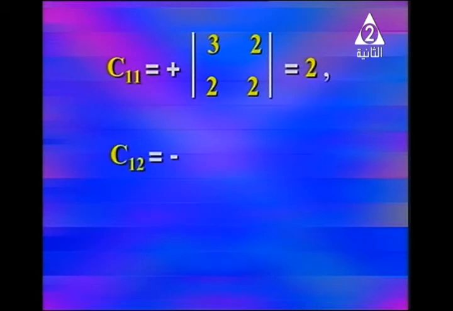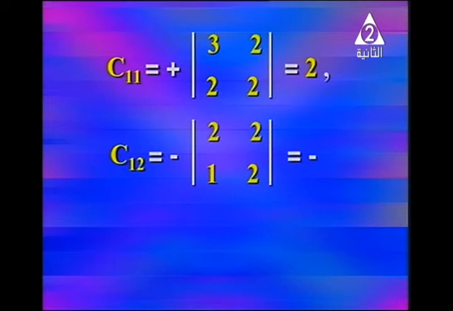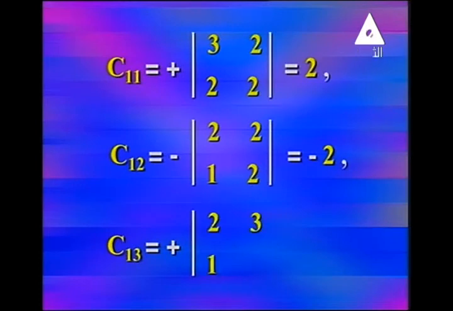C12 equals negative. Determinant 2 2 1 2 equals 4 minus 2, which is 2, so C12 equals negative 2. C13 with the positive sign, determinant 2 3 1 2, equals 4 minus 3 equals 1. C11, C12, C13 are the cofactor elements of the first row. Second row, C21, negative.